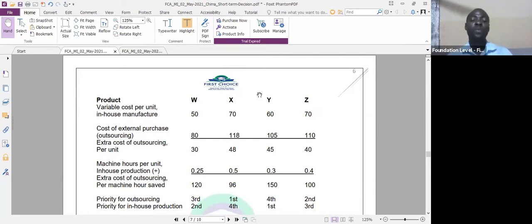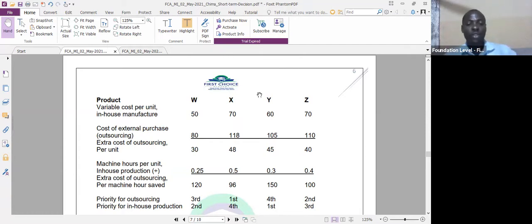So some people will just say, oh, since the external cost is higher, why don't we make it inside? Yes, we can do it, but not all. So we need to look for a sensible way to apportion which one is going to be of little priority to us and give it outside.